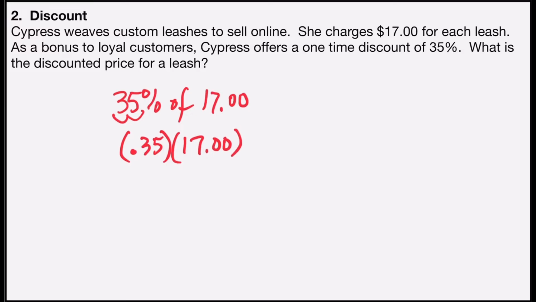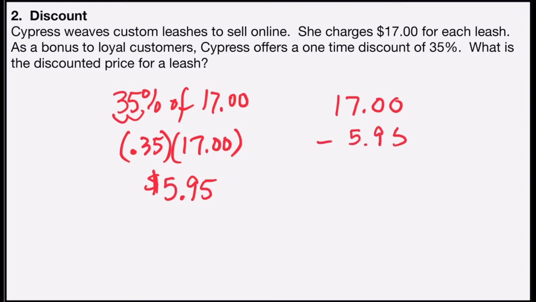So that will find out my savings. If I punch that into a calculator, I find out that the discount on the $17 will be $5.95. And the second part, now I'm going to take the $17 that was the original price, and I'm going to subtract out the amount of the discount, which is $5.95. If I punch that into a calculator, I will find out that the discounted price is $11.05.